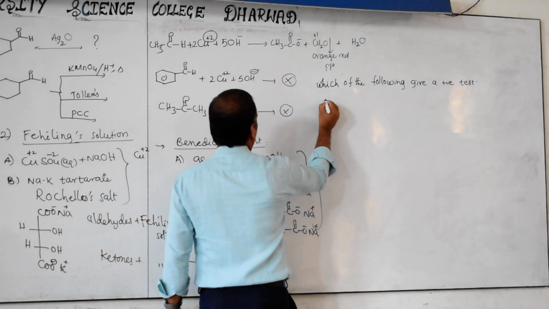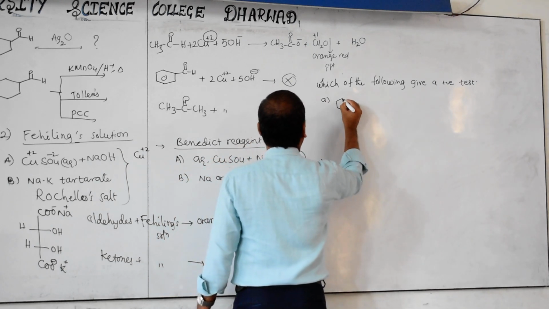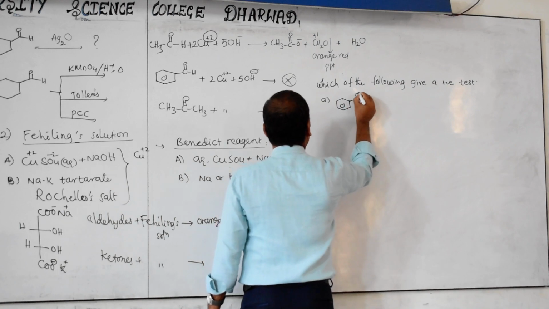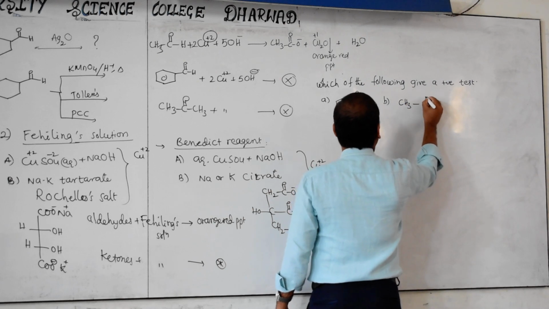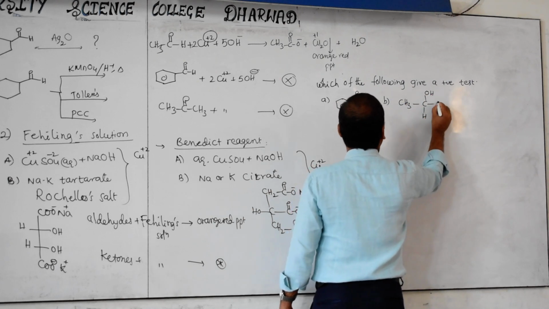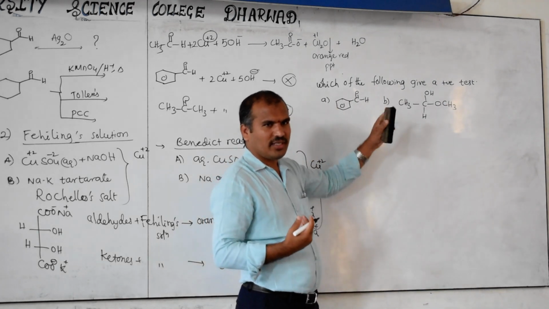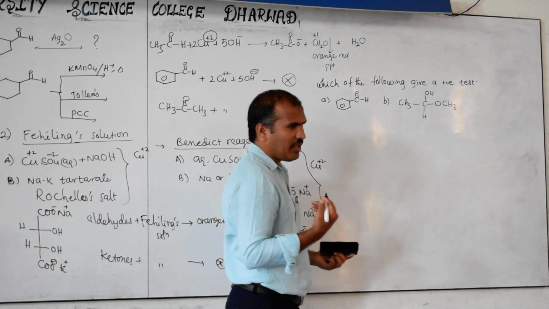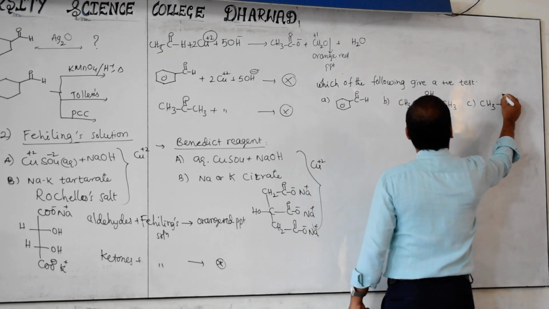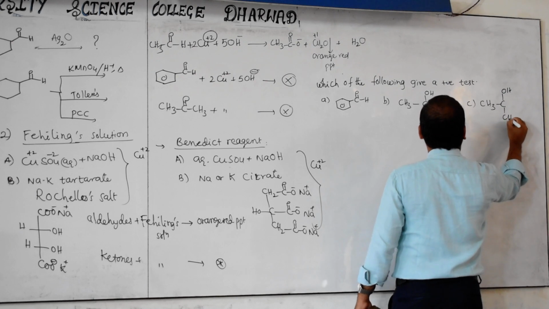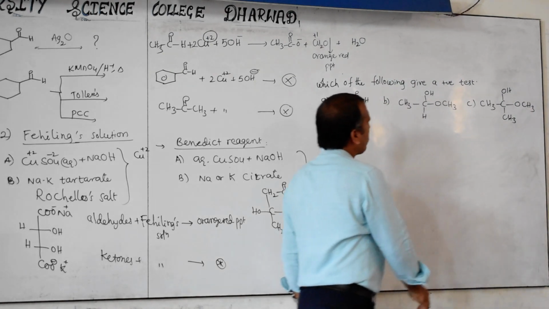Now I am giving the options. Option A, this is benzaldehyde. Option B, CH3, OH, H, OCH3. You know its name because I already explained it in previous classes, so check the previous class. Next, C: CH3, OH, CH3, OCH3.